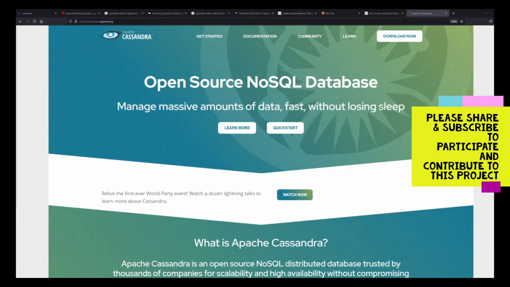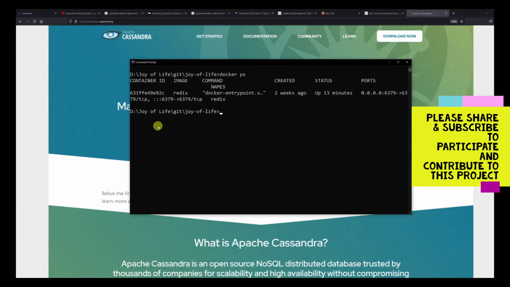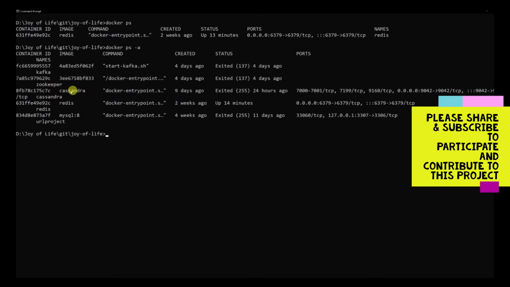So let's start. What we'll do is, we have Redis running. We need Redis, so we are good over here. We already have a container for Cassandra that we have used in the earlier videos, but we are not going to use it, because that was a single instance where we have used the simple strategy for replication. We are not going to do that.